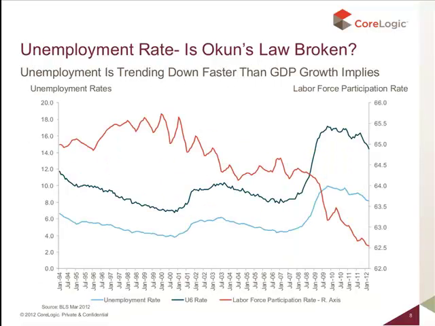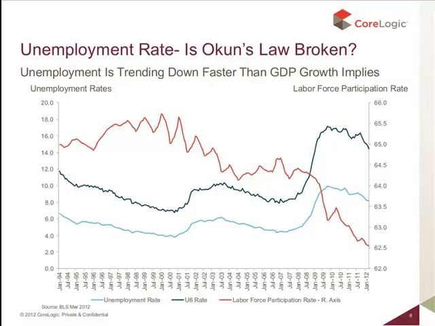Digging a little bit deeper into the unemployment rate and the labor markets, we want to talk about an economic law called Okun's Law. Not necessarily as robust as Einstein's theory of relativity and physical laws, but Okun's Law basically says that for every 2% above long-term trend growth, you would get a 1% reduction in the unemployment rate.